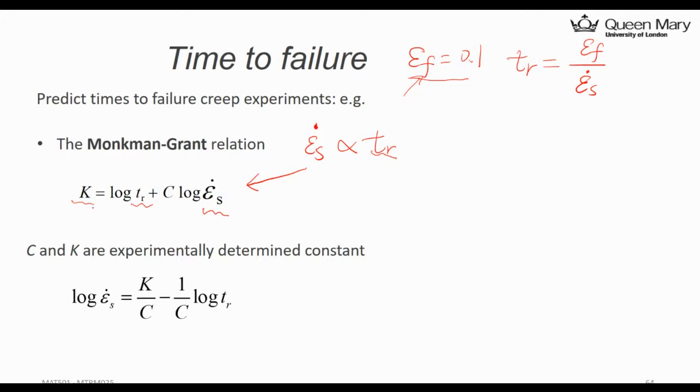Okay, and K is a constant, C is a constant. They are mostly determined by experiment, and you can rearrange the equation, which gives you log epsilon s dot equals a constant here, minus 1 over c log TR. So let's see how it looks.